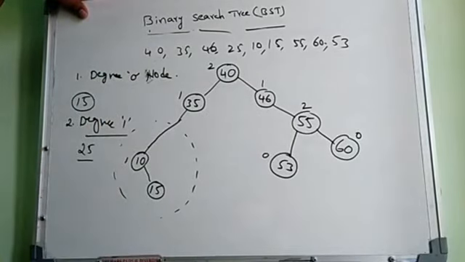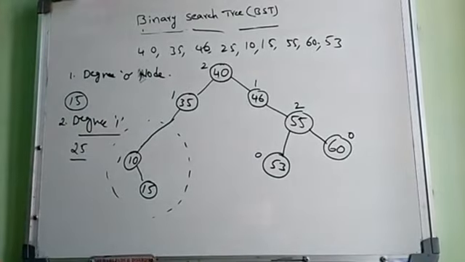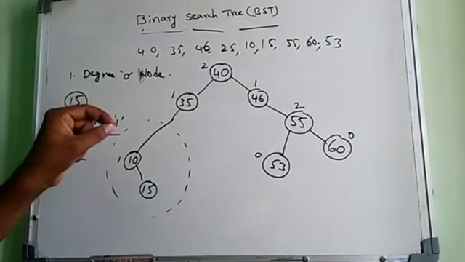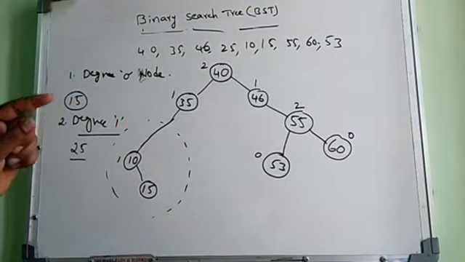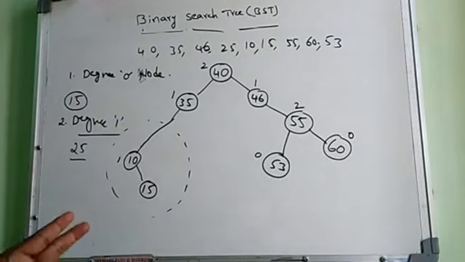What are the binary search rules and regulations? Even if you delete any element, listen carefully, if you make any modification, the changes must follow the binary search rules and regulations.